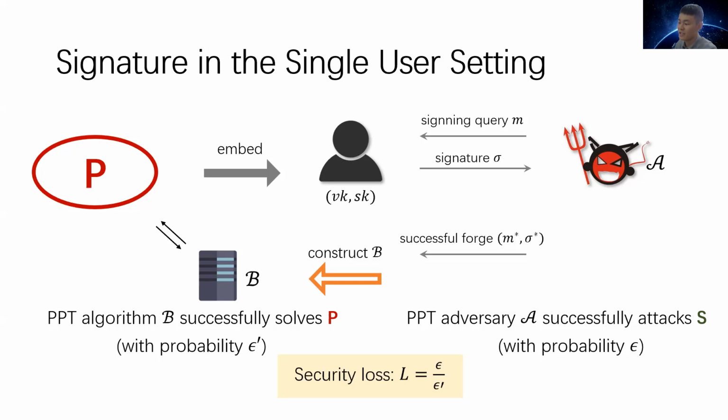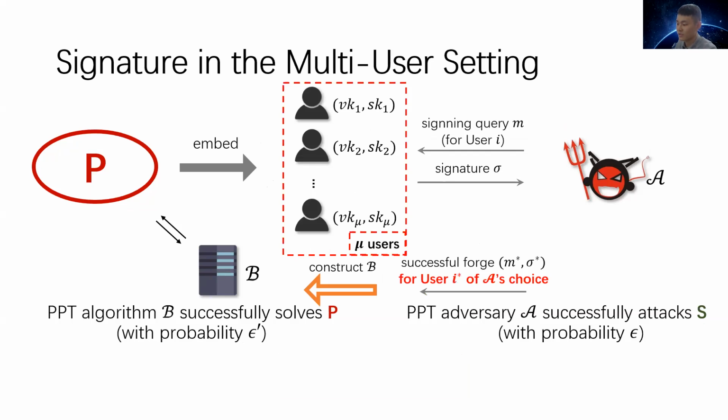However, most signature schemes are deployed in the multi-user setting. That is, there are many users, at most mu, and each user Ui has its own key pair (VKi, SKi). Similarly, the adversary A has a signing oracle.